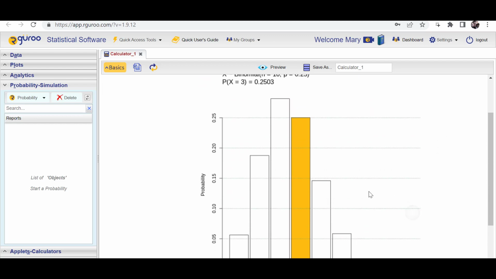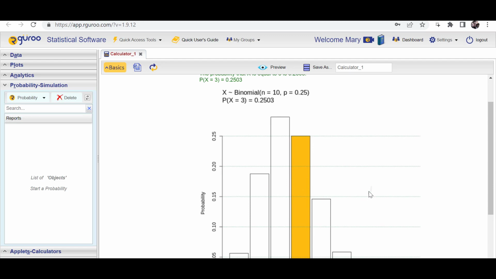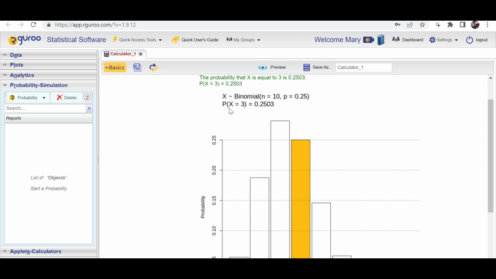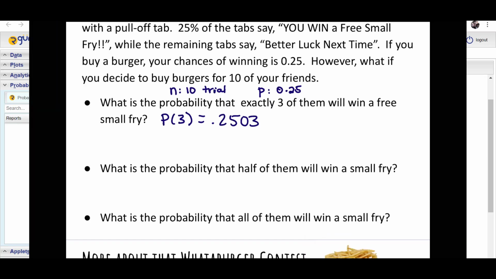We can see that it's only shaded 3, so that's a probability of 3. And then if you look right above the graph, it says probability of x equals 3 is 0.2503. Okay, so we have that written down.